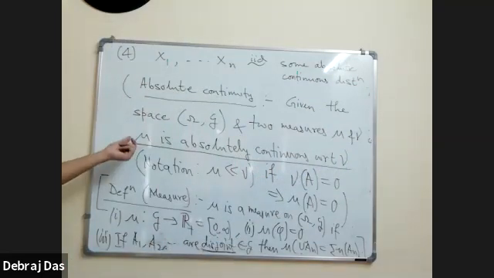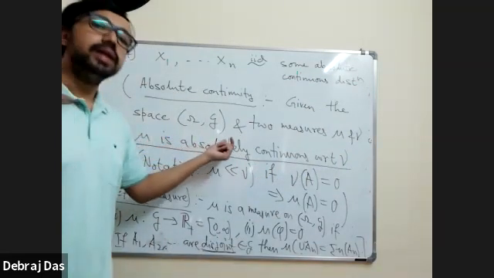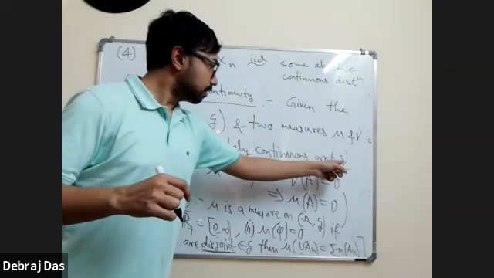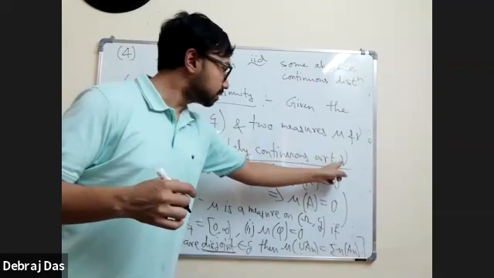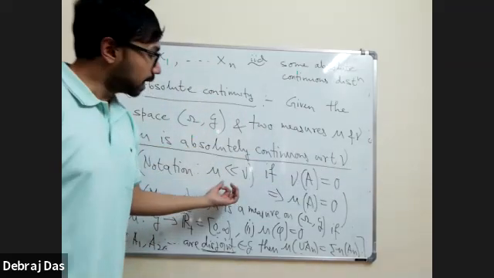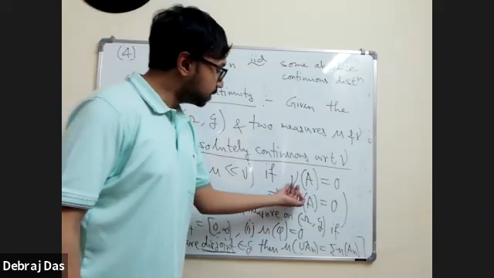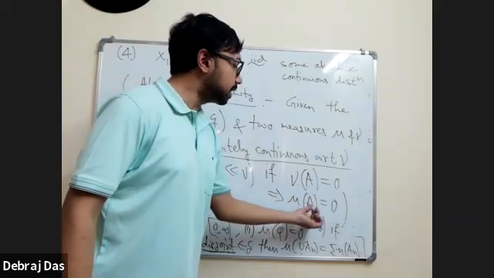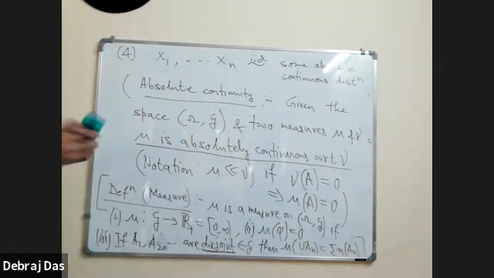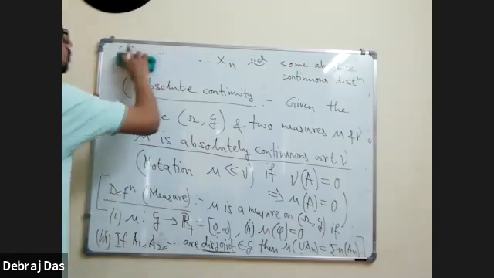So you should always write that mu is absolutely continuous with respect to some measure nu. The notation is this, and the definition is that if nu of some set is 0, then mu of that set should be equal to 0. This is the definition of absolute continuity. So we need this first.